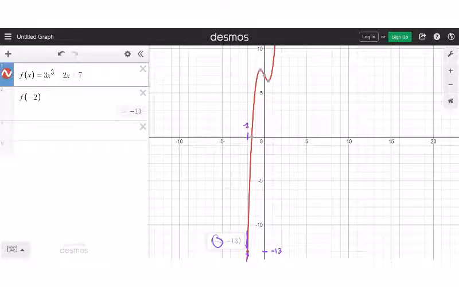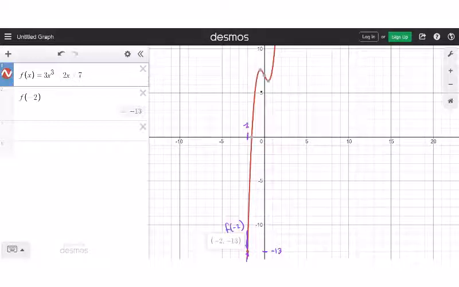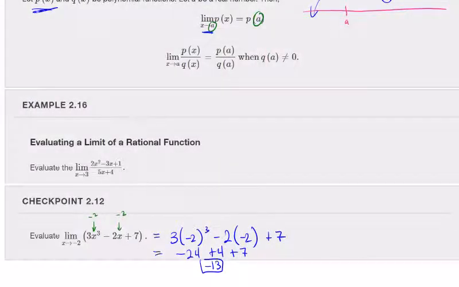When we plug in -2, we get out -13, so f of -2 is -13. So if it's a continuous function, all you have to do is plug in that value, and whatever the output is at that point is also what the function approaches. That's another shortcut that might make life even easier than using the laws. Okay, so there's a validation for that.